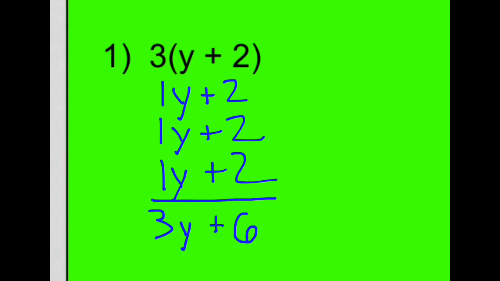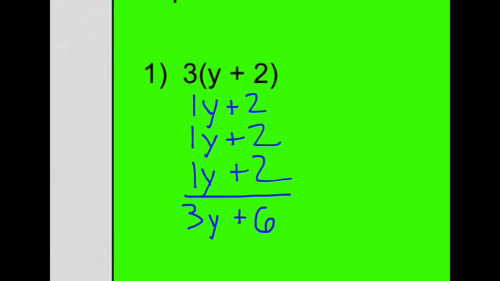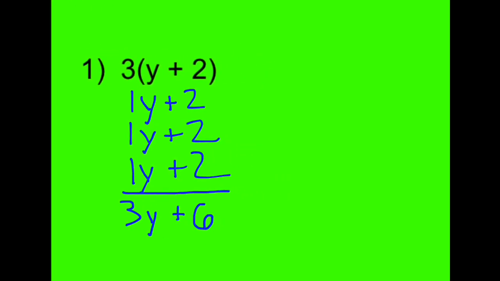Now I want you to look at a shortcut we could use as well. So we solved that by adding the integers. We could also solve it by multiplying the integers. Look at the shortcut here. We could do 3 times y and 3 times positive 2.